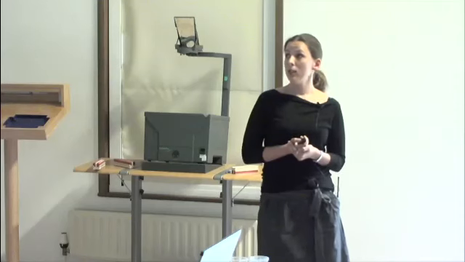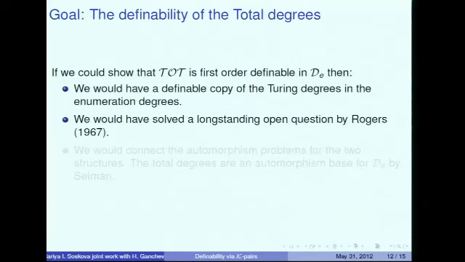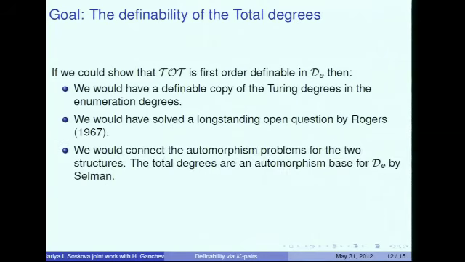Why is that good? Well, for one thing, it would solve a problem that has been open for a long time. You can find it in Rogers' book from 1967, but that's not a real reason. A more interesting reason is given by this. The total degrees are an automorphism base for the enumeration degrees. This follows from the theorem of Selman.